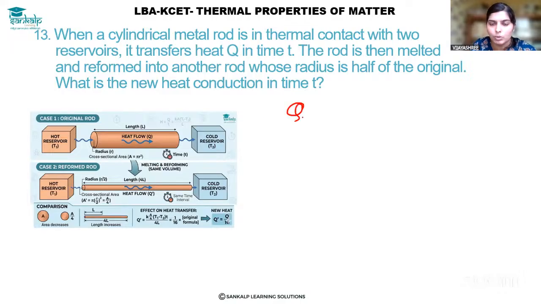So Q1 is equal to K into A1 into (T1 minus T2) into t divided by L1.